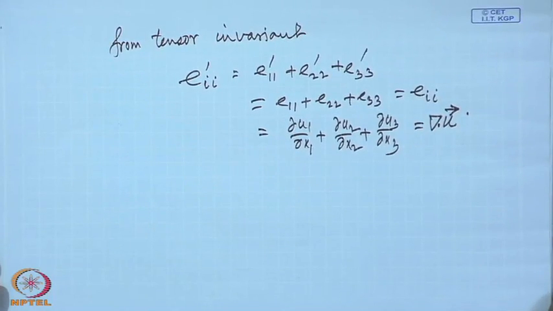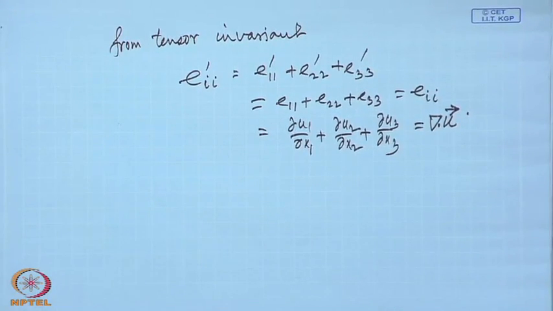So this velocity is simply proportional to the rate of expansion in the same direction. Each term here represents a motion which is given by the rate of expansion in the same direction.